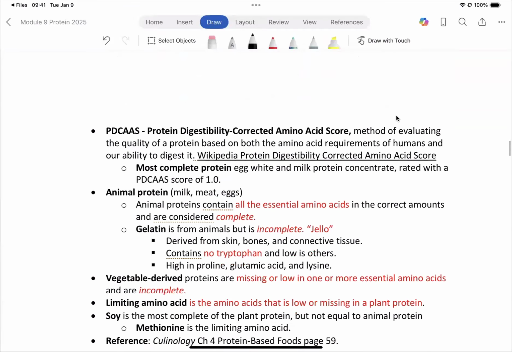For me, who can never remember the name of this: protein digestibility corrected amino acid score. And how do they figure that out? They feed mice, I think. So a perfect score is 1 and everything else is less than.